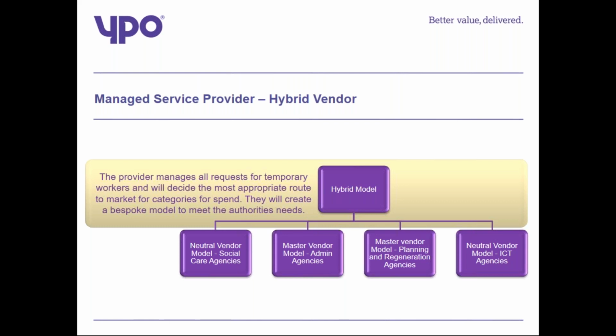We just haven't committed and called it a hybrid. It's quite interesting, when people are specifying their services, how many of them probably already have a hybrid model in place. To be honest, we're seeing that most providers in the market can now deliver a hybrid model. All the ones that previously delivered a neutral and master model can also deliver a hybrid model.